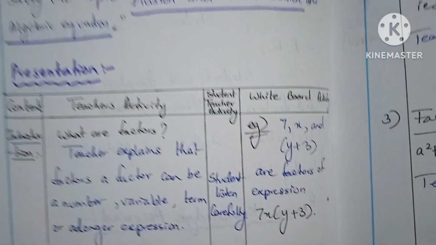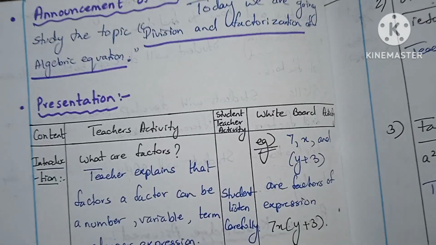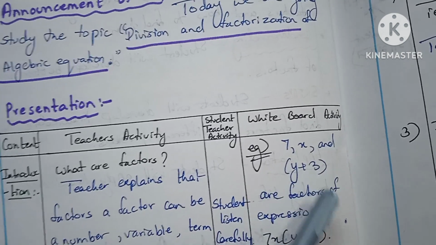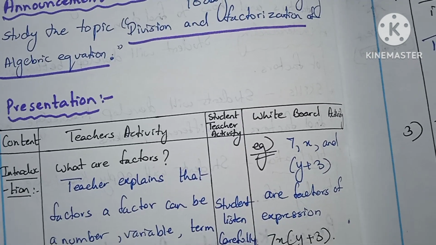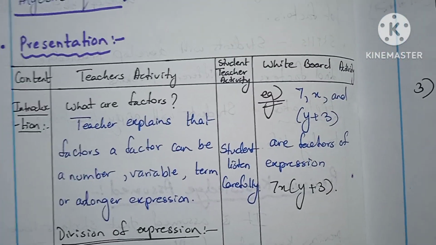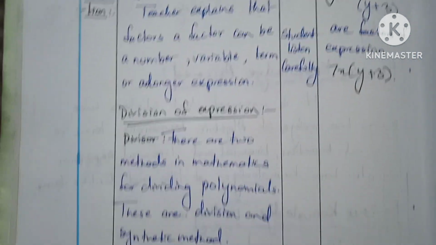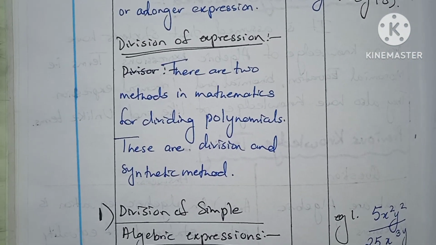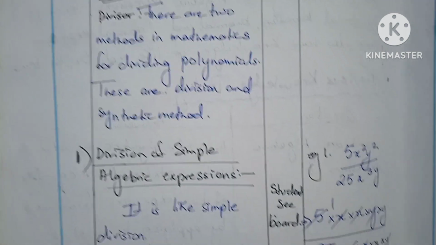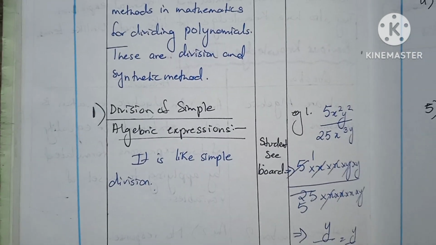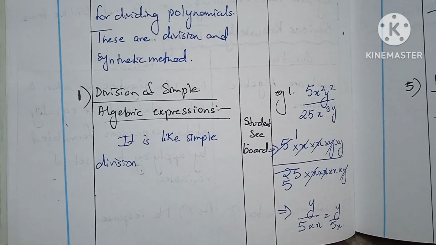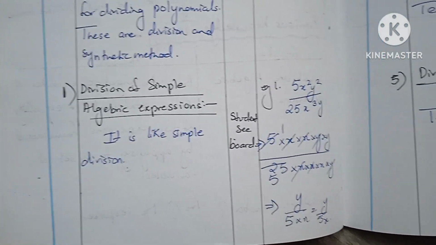On the board, the teacher explains that a single 7, x, or x plus 3, anyone can be a factor. For division of expressions, there are two methods in mathematics to divide polynomials: the division method and the synthetic method. First is division of simple algebraic expressions.